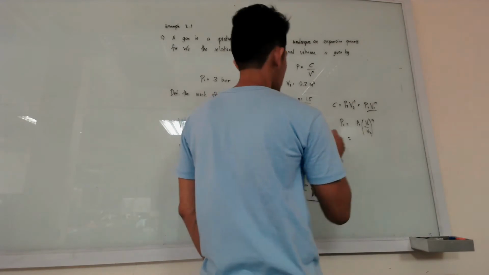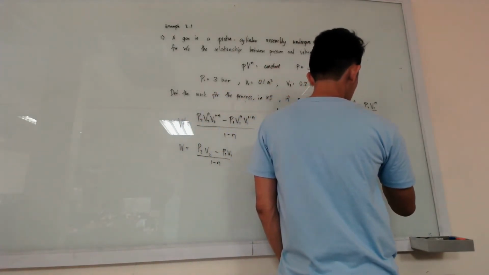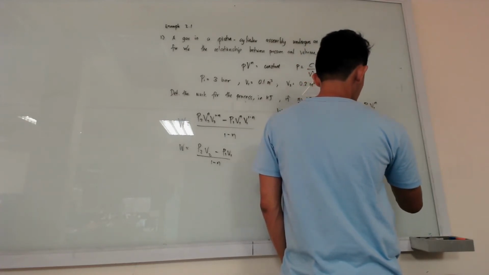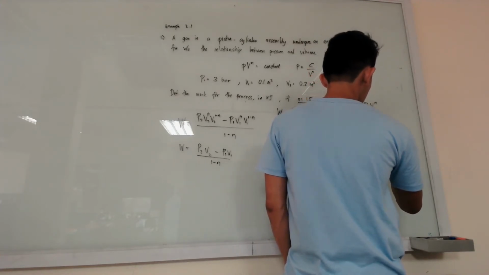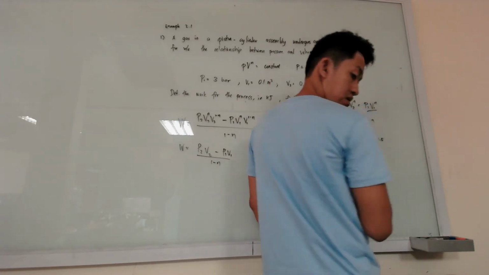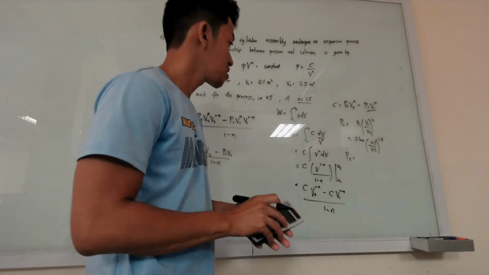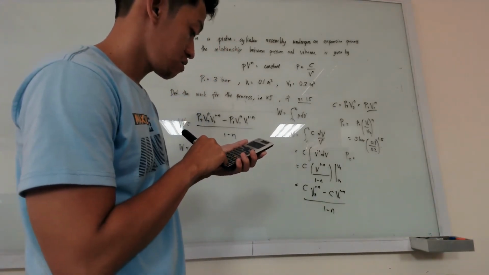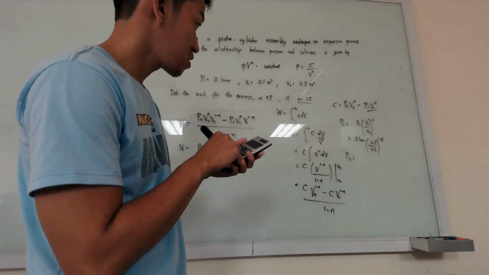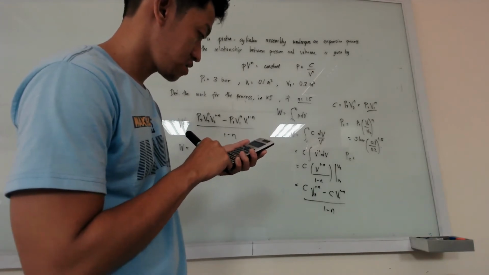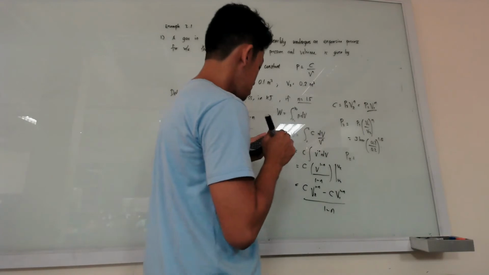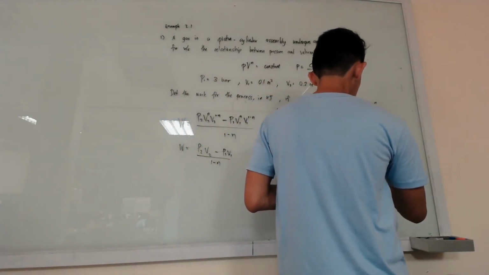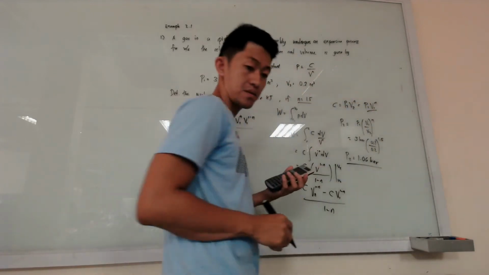P1 is 3 bar, V1 is 0.1 over 0.2 raised to the 1.5, times 3, which gives P2 equal to 1.06 bar.